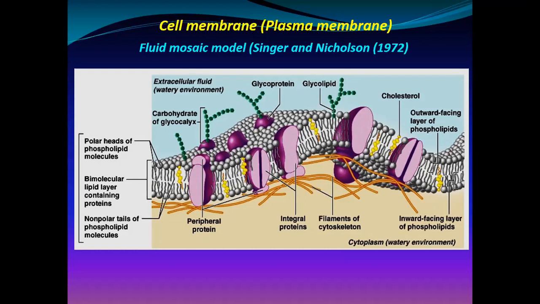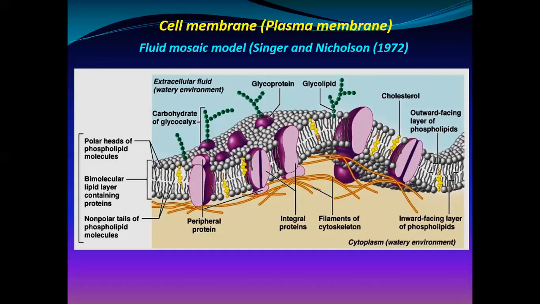So the proteins are of two types, peripheral proteins and integral proteins, and carbohydrates are attached to these proteins. When the carbohydrate is attached to proteins, we call it glycoprotein. When the carbohydrate is attached to lipids, we call it glycolipid. And the carbohydrate component present in the cell membrane is generally called glycocalyx.